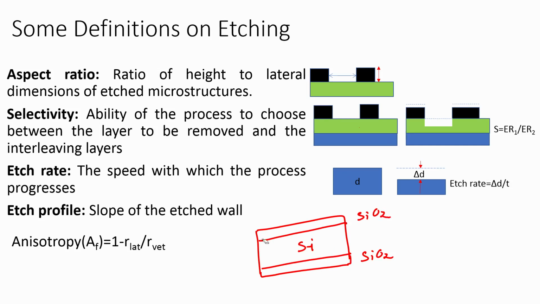Now, using photolithography, I have created a window and etched silicon dioxide, right. Now, I want to etch silicon. So, how fast I can etch silicon is my etch rate, right.